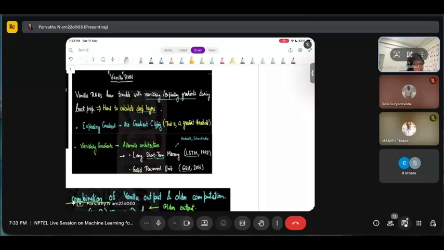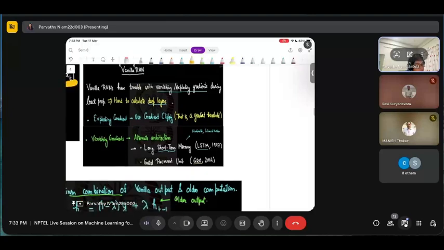Another one is the vanishing gradient, where your gradient becomes very small and there will not be any weight update. So for this, two architectures have been suggested: one is the LSTM and another is the gated recurrent unit, GRU.